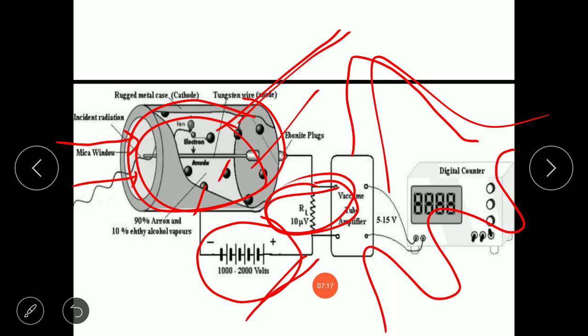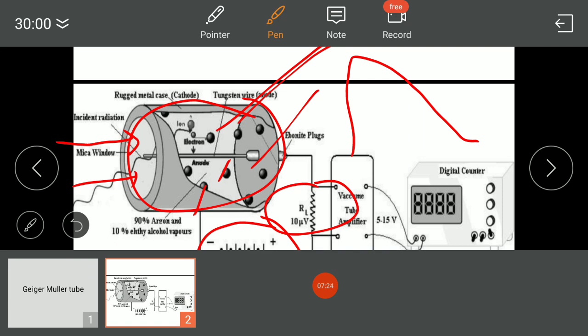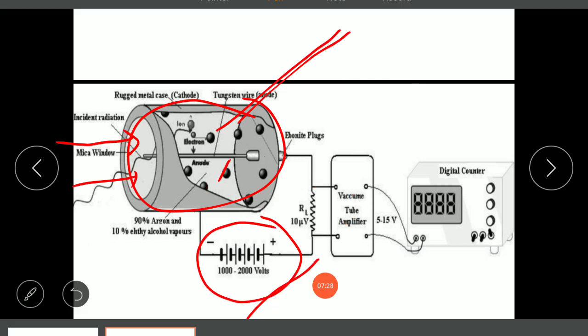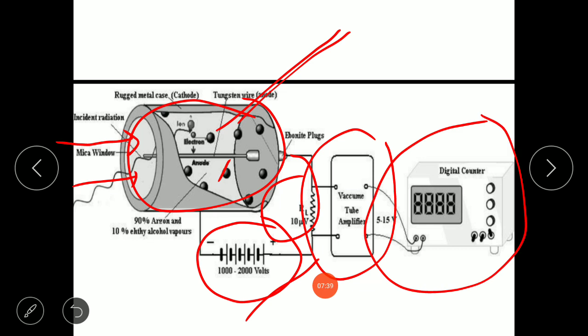The output pulses from this resistance may be amplified, as shown here, using a vacuum tube amplifier, and are registered by a counting device.